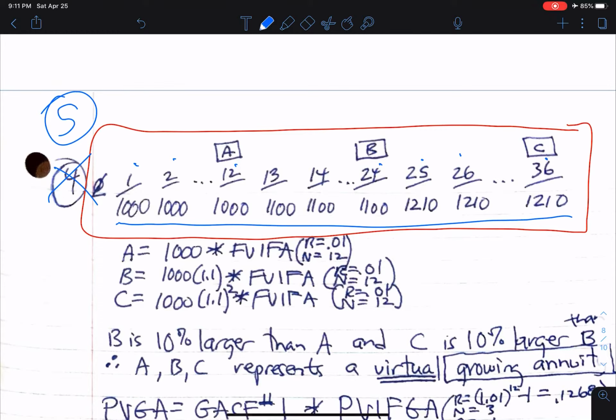What I mean by that is everything gets moved forward one period. This 1,000 is moved forward one period. This 1,000 is moved forward one period. But because everything gets moved forward one period, there's a very simple way of adjusting for this. This becomes 0. This becomes 1, 11, 12, 23, 24, 35.